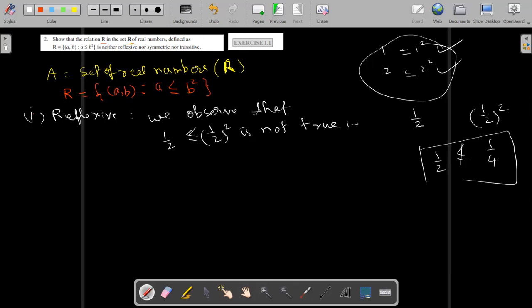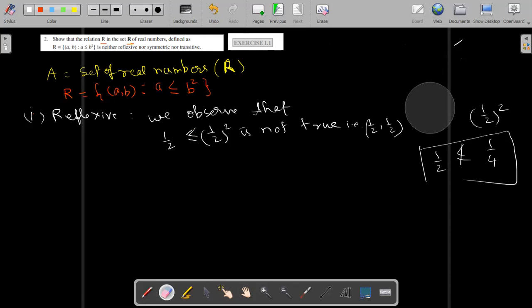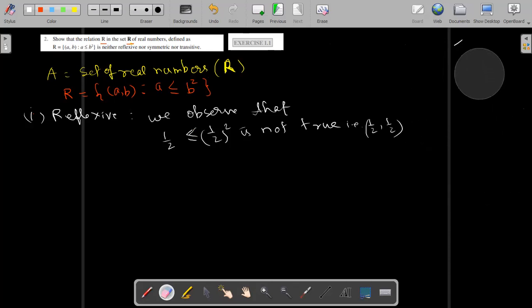That is, (1/2, 1/2) does not belong to R since it is not satisfying the given relation. So R is therefore not reflexive.